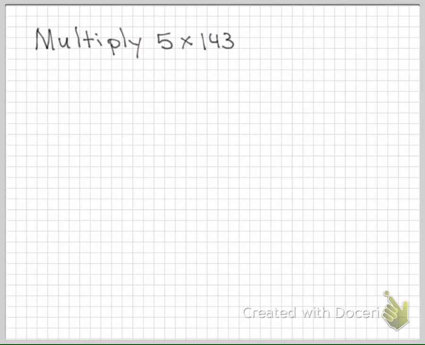First, we're going to talk about how to multiply 5 times 143. I want to break this into expanded form first. So we know we're going to do 5 times, I want to break up the 143.